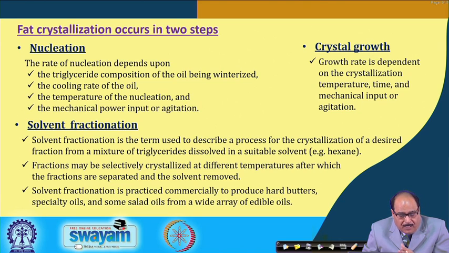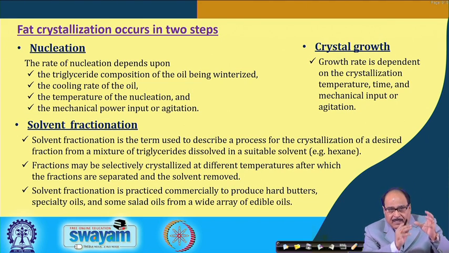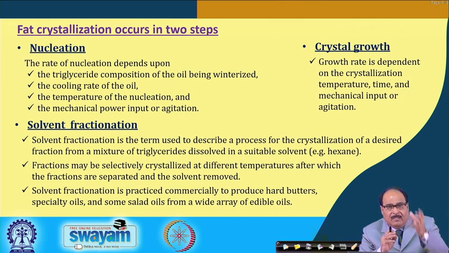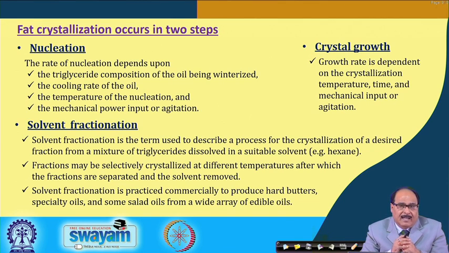This solvent fractionation is practiced commercially to produce hard butters, specialty oils and some salad oils, from which a wide array of edible oils. So, different solvents can be used to fractionate specific triglycerides, and then these specific triglycerides are further modified to have desired characteristics, desired properties to suit a particular food process operation.